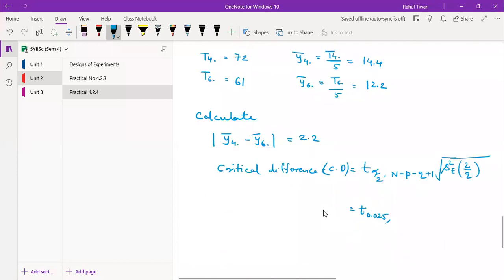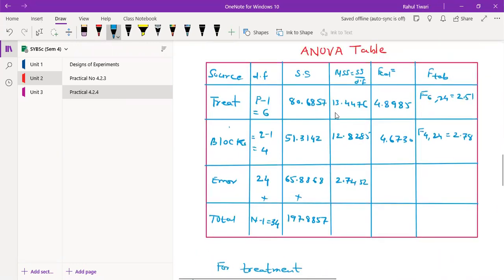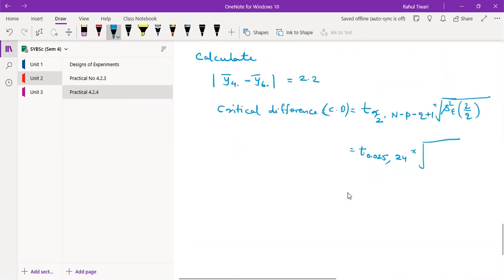So we can write 24 here, into square root of S square E. This is your S square E, 2.7452. So you can substitute 2.7452 into 2 upon q, you know it is 5. You can substitute and get the answer for this.